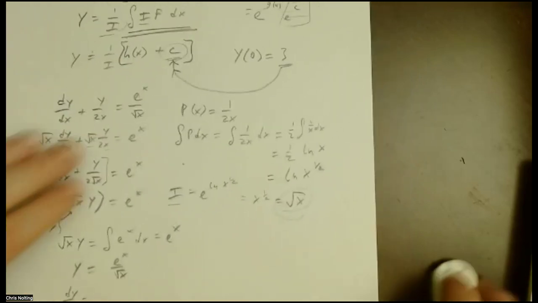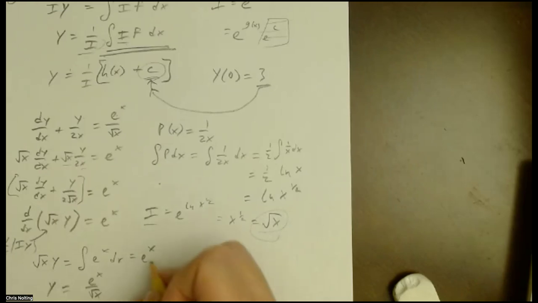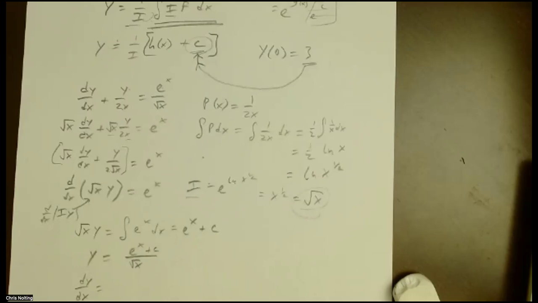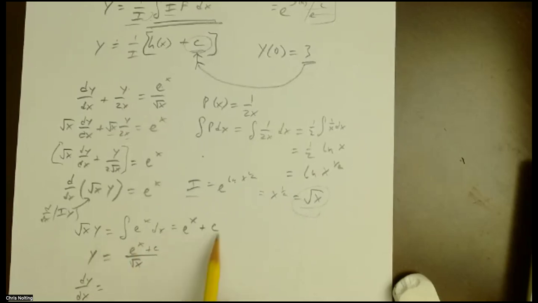Sorry, let me back up a second, because I should technically have said that this integral is e to the x plus c, and that this would be e to the x plus c over root x, like that. Make sure I'm doing this most correctly for you, because this constant could matter given some initial condition.